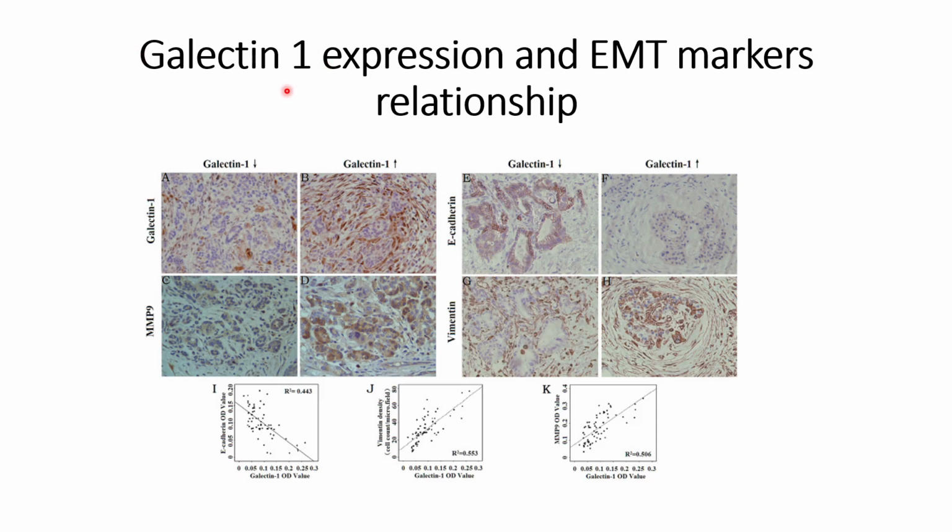With high galectin-1 expression, the pancreatic cancer cells can acquire more mesenchymal characteristics, and the more mesenchymal characteristics they have, the more probability they have to migrate, metastasize or invade different parts or different organs of the patient, thereby making it more difficult to diagnose.